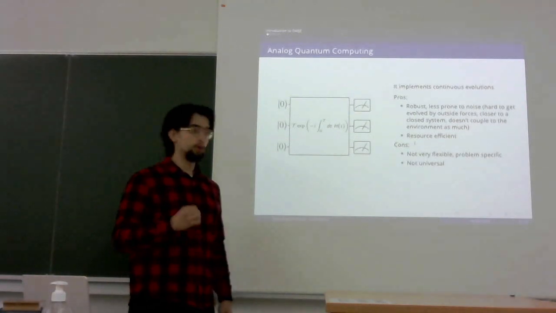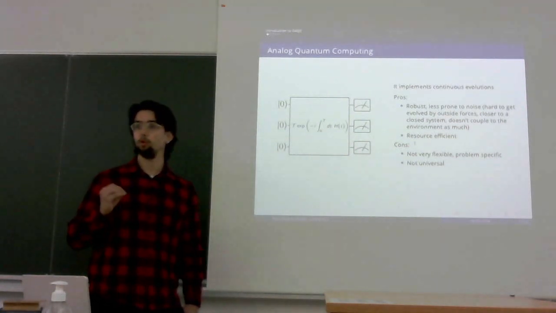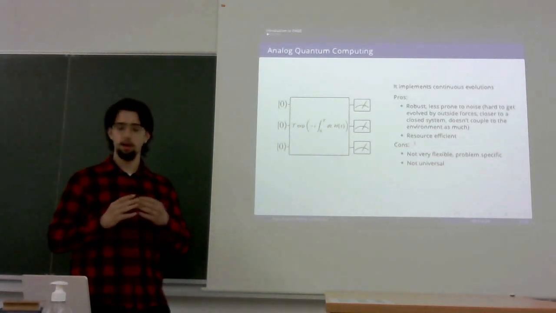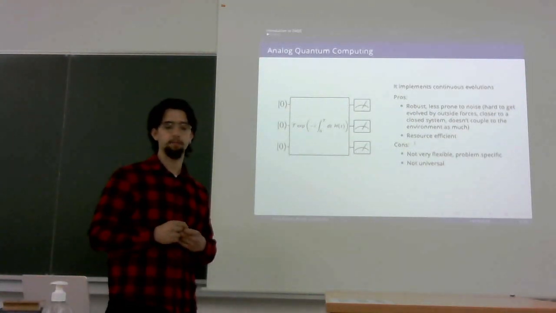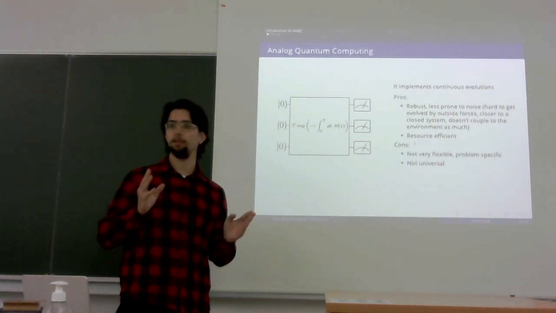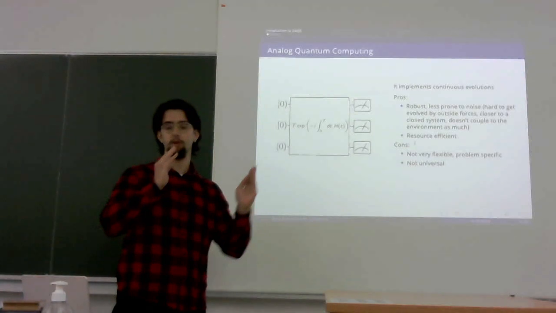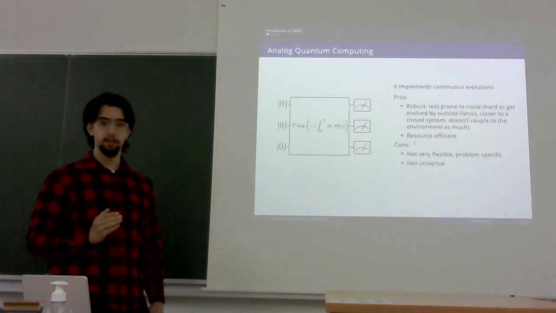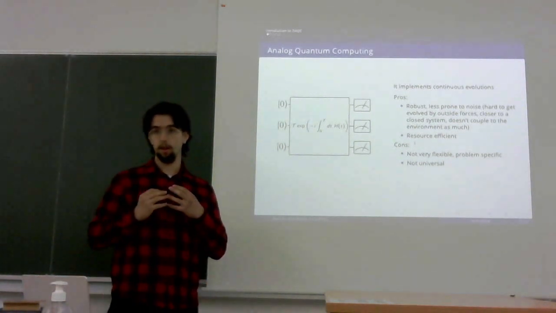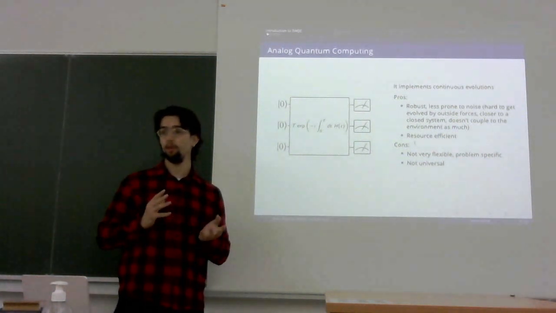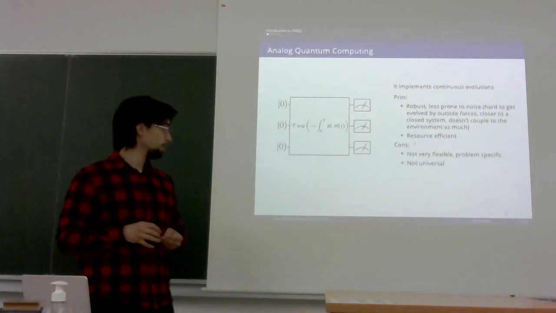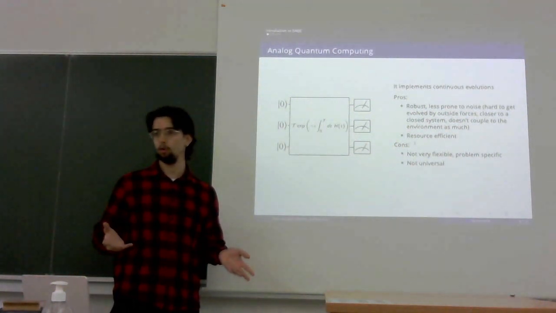Also, it's really resource efficient because analog quantum computing is usually designed to do a specific task. Like, if we want to simulate any kind of Hamiltonian, the one that we are going to be implementing is going to be just for that specific task. This comes at a price, which is that this quantum computing is not very flexible. It's going to be for these specific problems.